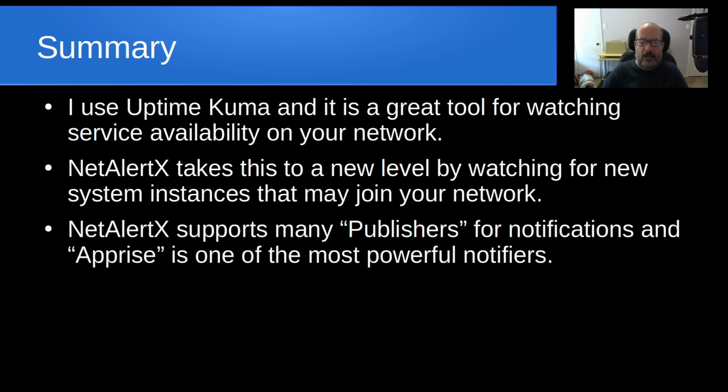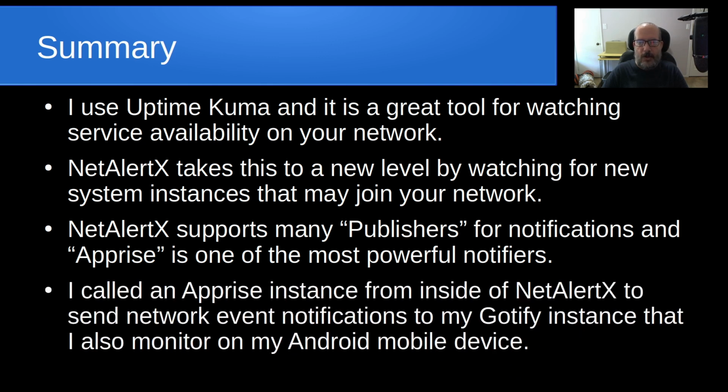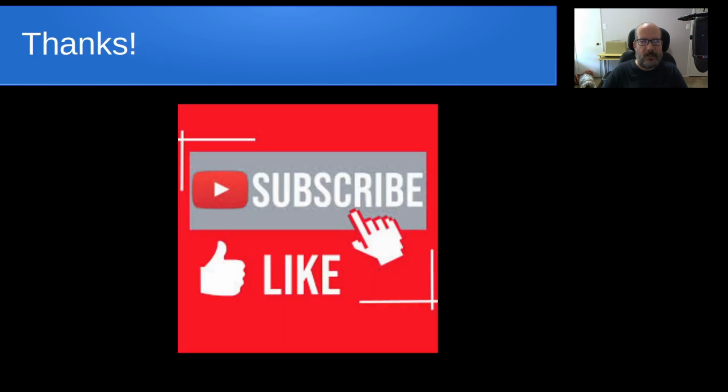So NetAlertX supports many publishers for notifications, and Apprise, which I've covered here, is just one of the more powerful notifiers because it's capable of talking to so many different systems. And I called an Apprise instance from inside of NetAlertX to send network event notifications to my Gotify instance that I also monitor on my Android mobile device.